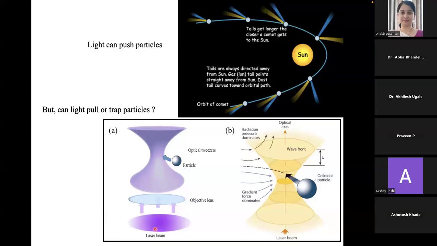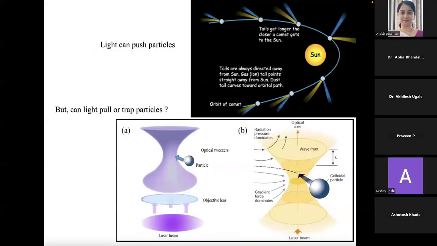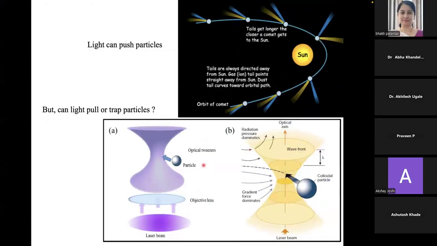And if you pass an intense beam of light, namely the laser light, through it, then at the focus, you have enough of a force to capture tiny particles. Oh, sorry, I seem to have done something. I lost the PPT. Yeah, I got it back.